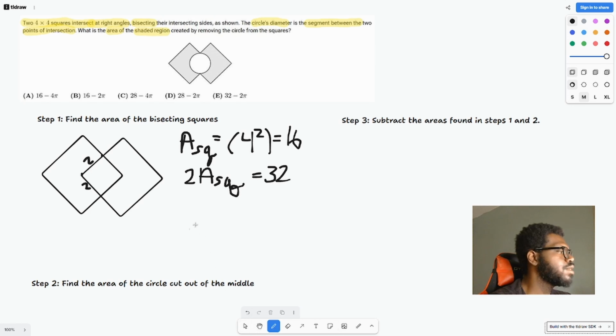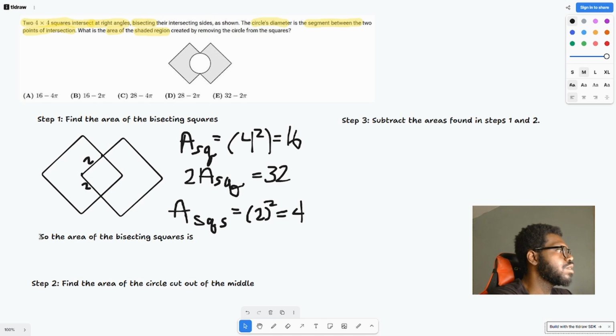And that tells us that the area of the small square, I'm going to use S to represent small square, is equal to 2 times 2, or 2 squared, which is 4.